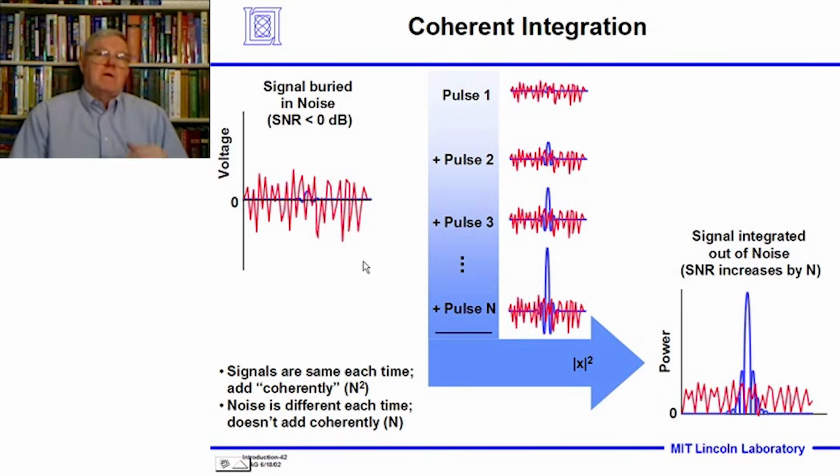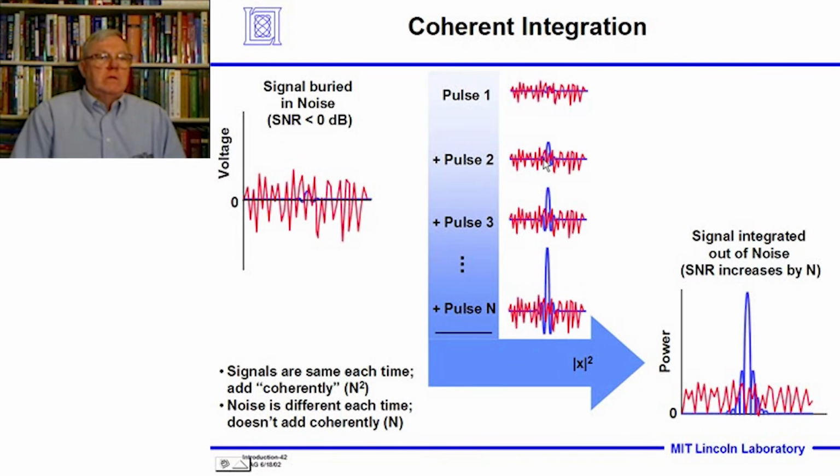Now, when you have a target like that one that was weak in the other one, you might want to add together the return from different pulses. Here you see the voltage of a signal that's buried in the noise. The signal-to-noise ratio is less than 1 in natural units, or less than 0 dB.